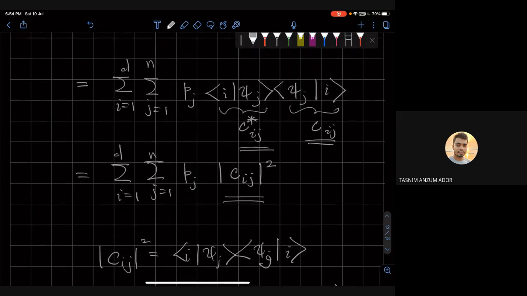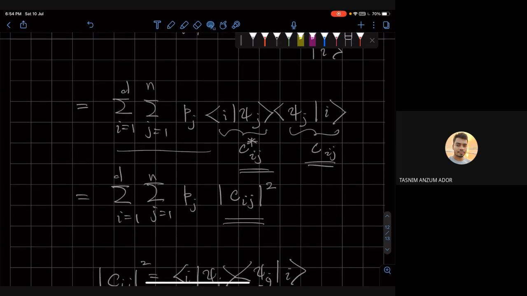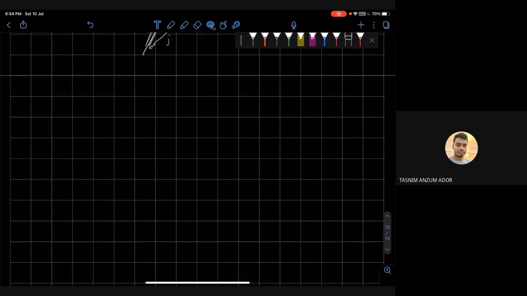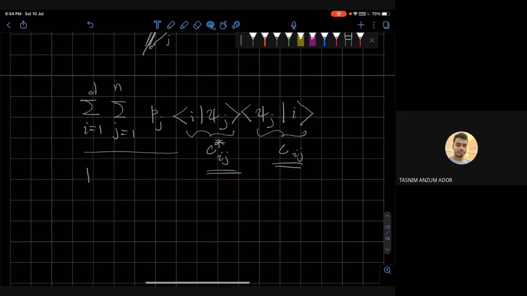So what I'm going to do is use this over here. Let me just take this, copy it, and paste it here. And now I'm going to get rid of all the clutter.